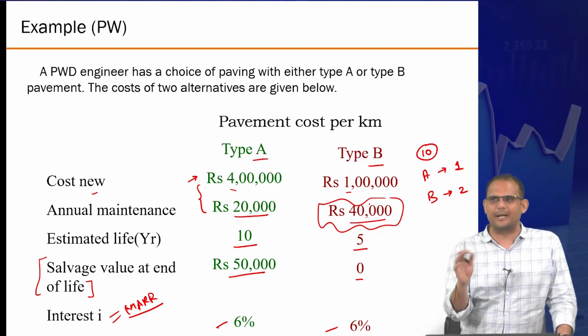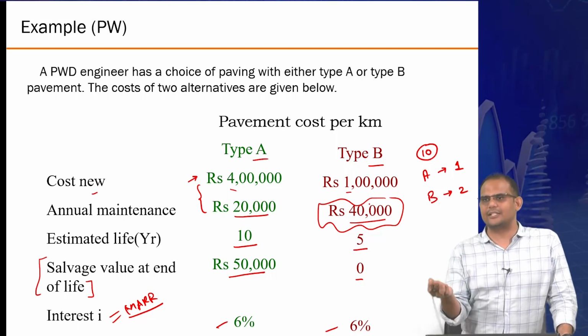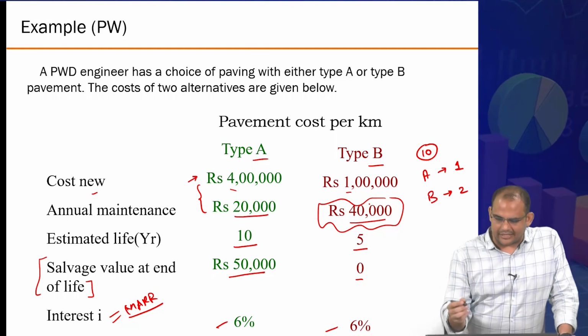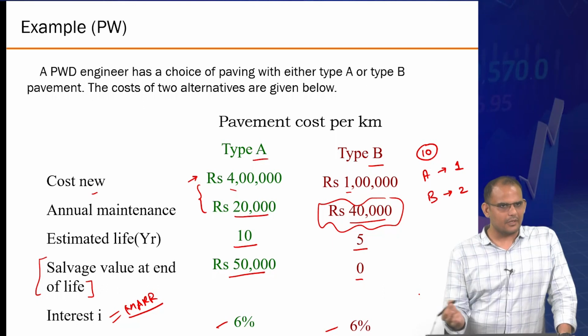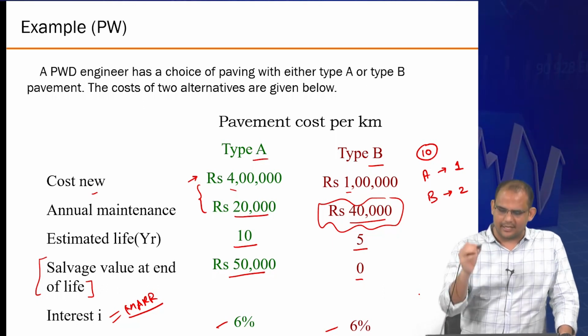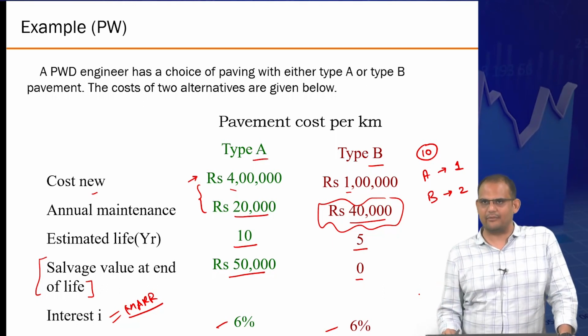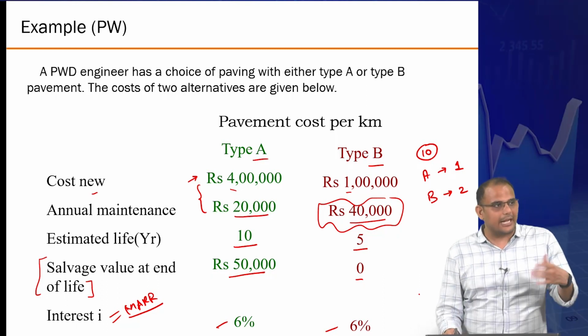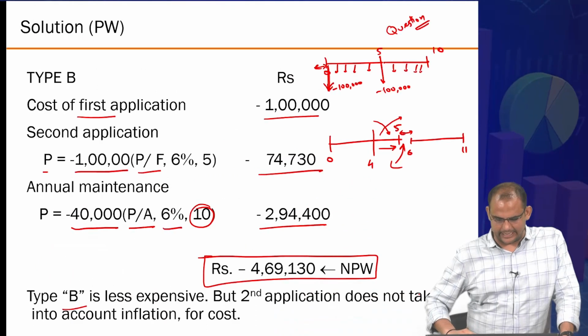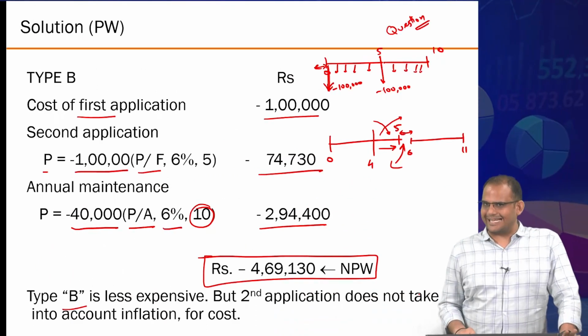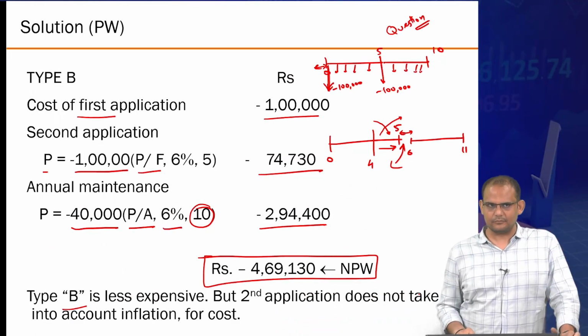So those kind of comparisons you can make, those kind of analysis you can make, because in the real world, none of these values are as deterministic. You will never be able to 100% say that this year only 40,000 rupees will be required. Could be 60,000. So in that case, are you still profitable or not? That's the concept of risk we will be dealing with later. Idea is clear? With me so far?